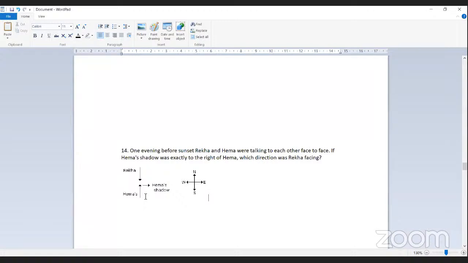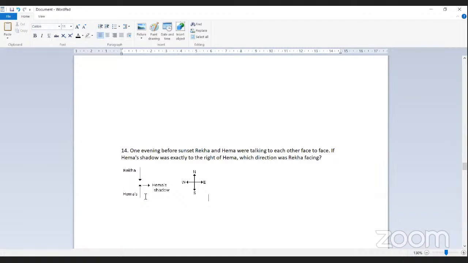Obviously, if your shadow is towards the right, the sun is towards the left. If the sun is towards your left, that is the west direction, and your shadow is towards east. Understanding? Yes, ma'am.